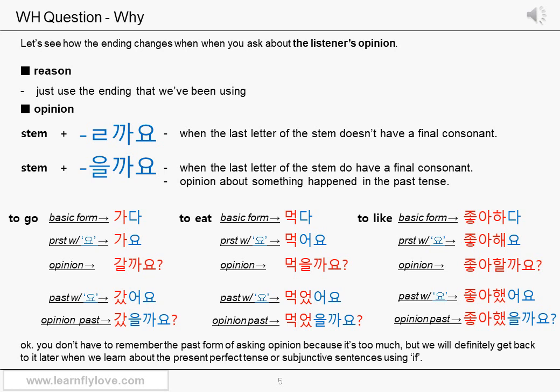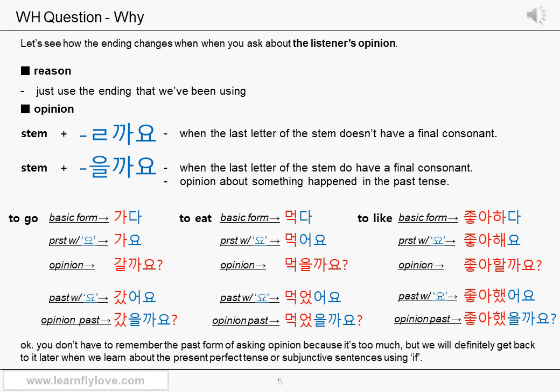So it becomes 갈까요? 갈까요? 갈까요 itself sounds like an English question. Shall we go? Now you understand why it's used to ask about the listener's opinion. You can't use this form in a declarative sentence, by the way. It's used only in a question sentence. This 까 sound is something related to a question all the time.